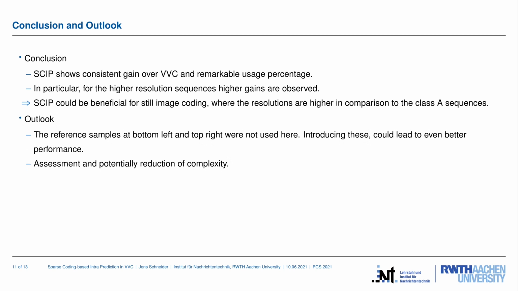As an outlook, I want to state that the reference area was limited to the block size and not exceeded it, so therefore also samples at the bottom left or top right could be used for SCIP as well, and this could even lead to a better performance. Moreover, the assessment and potentially even the reduction of the complexity of this method was not addressed in this paper. Therefore, this is also open as a further research item.